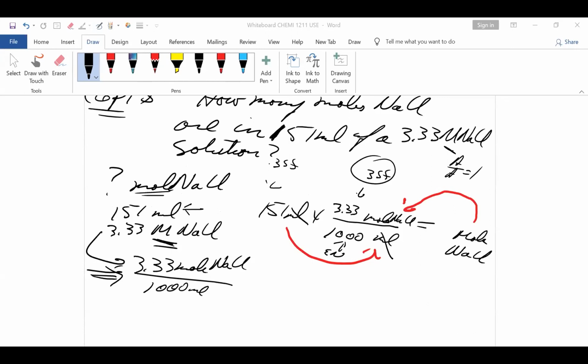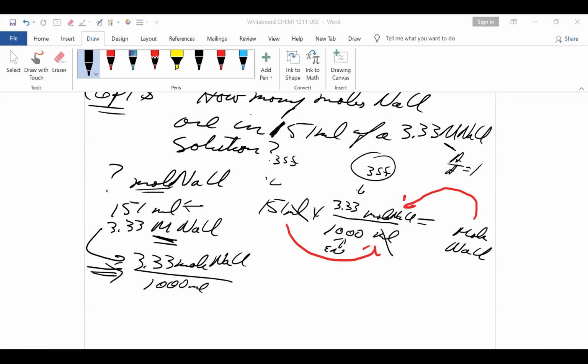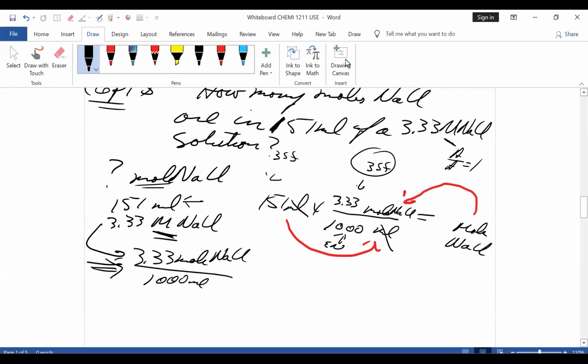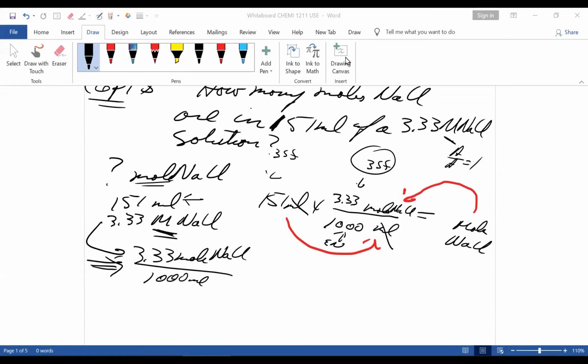And the answer here would be 5.03 times 10 to the minus 3 moles. And that's how you do it.